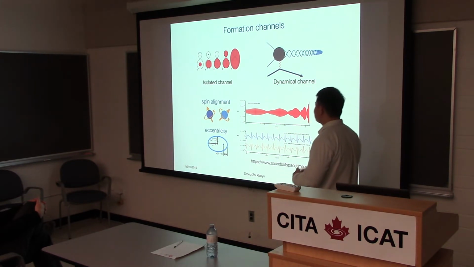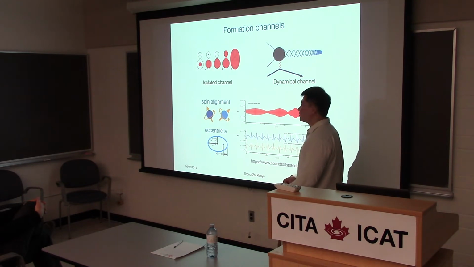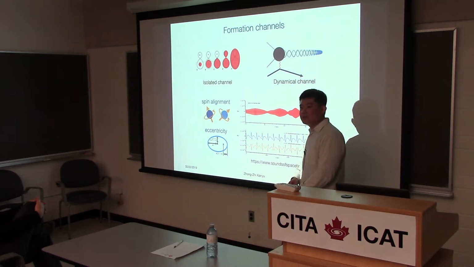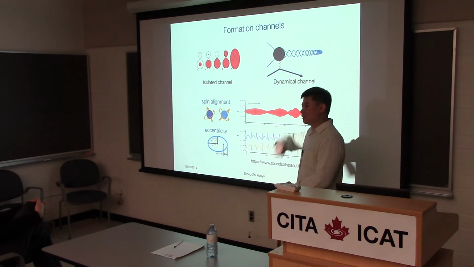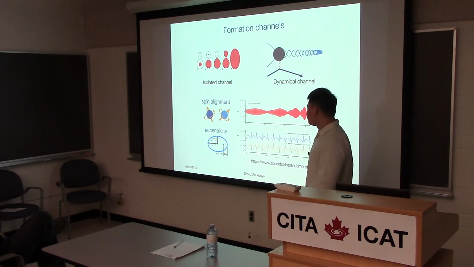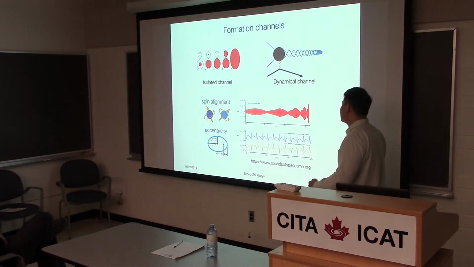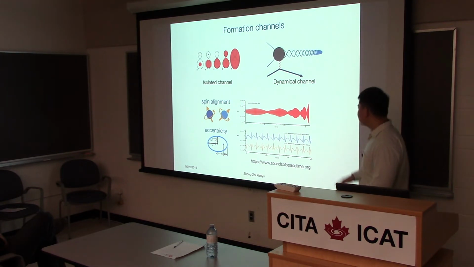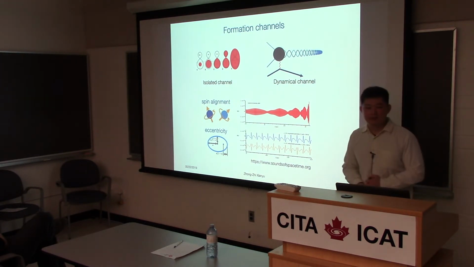Well, this is Kepler's law. Once you have an elliptical orbit, the velocity will not be uniform. So you will be faster at the periapsis. So you will have higher harmonics in mass quadrupole, and you will have higher harmonics in gravitational wave. So by looking at these harmonics, you can measure the eccentricity.